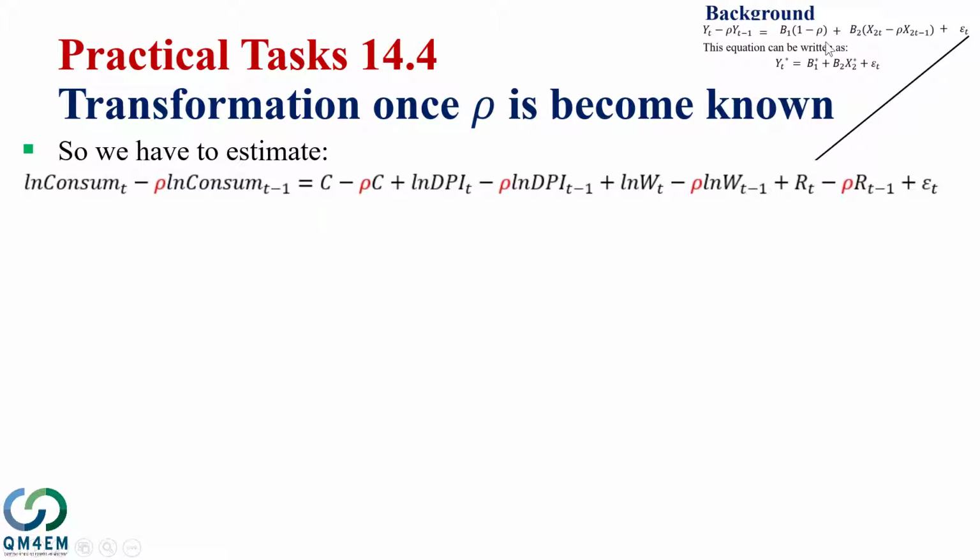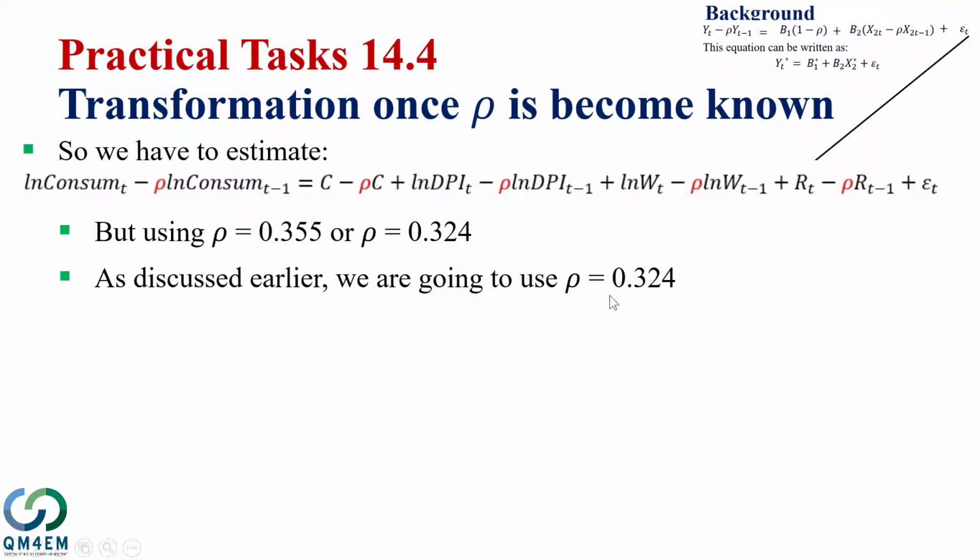Now, as you can see here, the rho values are shown in red. Rho was unknown, so we already obtained rho from the Durbin-Watson process as 0.355, and from using the error term lag value as 0.324. I'm going to use the rho value 0.324 and plug it into the above equation.